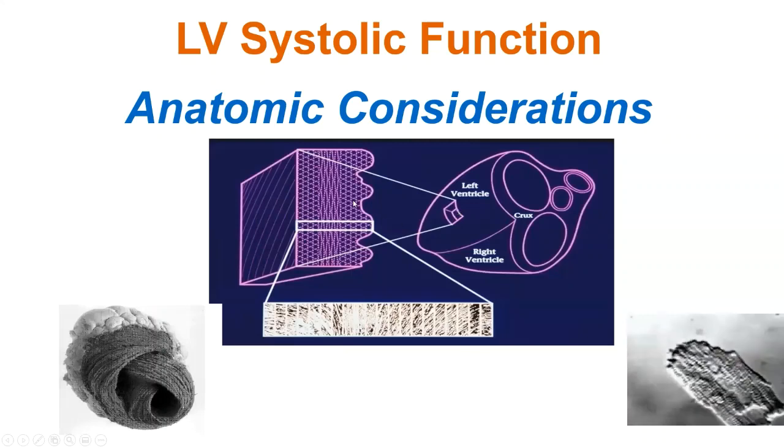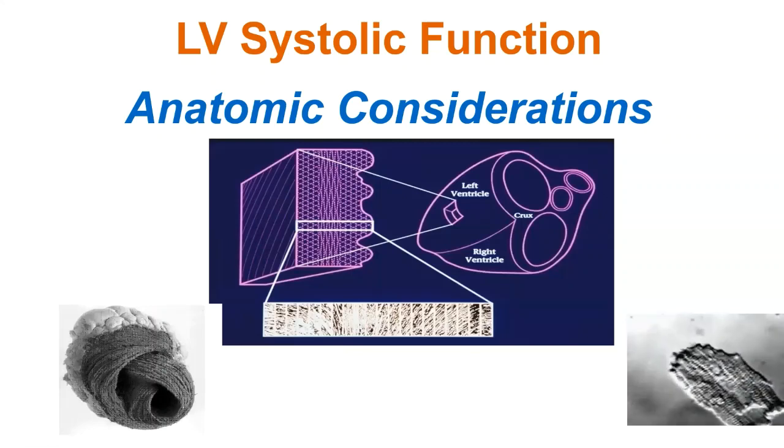And this is also true on the endocardial surface. But in the mid-ventricle, because of this complicated spiral weave architecture, the myocardial fibers are actually arranged in a circumferential manner.